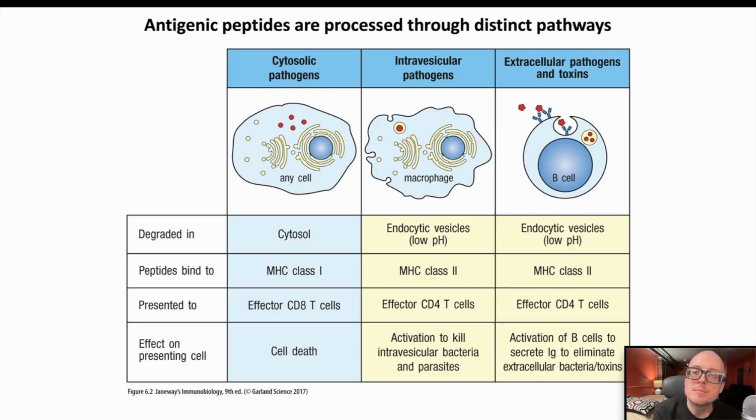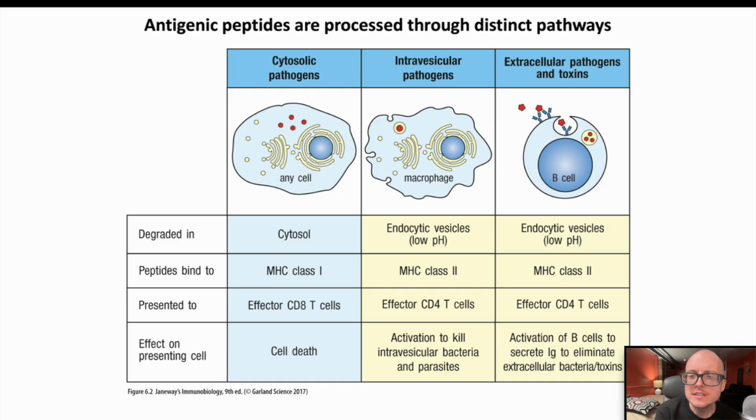In contrast, there are pathogens that we might think of as intravesicular pathogens. Maybe they are pathogens that tend to live inside the cell, but they live inside vesicles rather than the cytoplasm. Or perhaps they are brought into the cell through vesicular trafficking processes like endocytosis or phagocytosis. In either case, we think of those pathogens as more extrinsic to the cell.